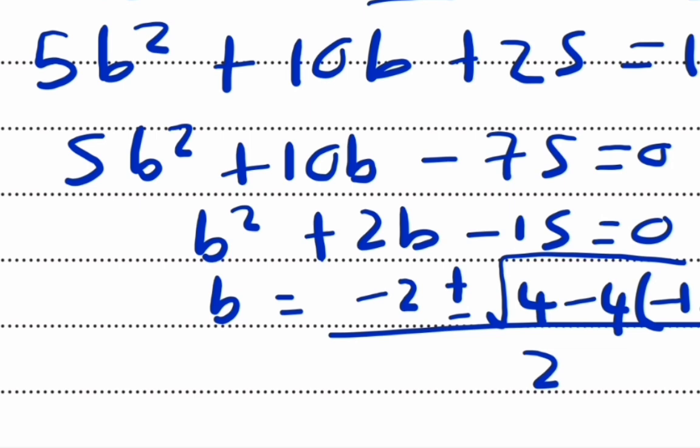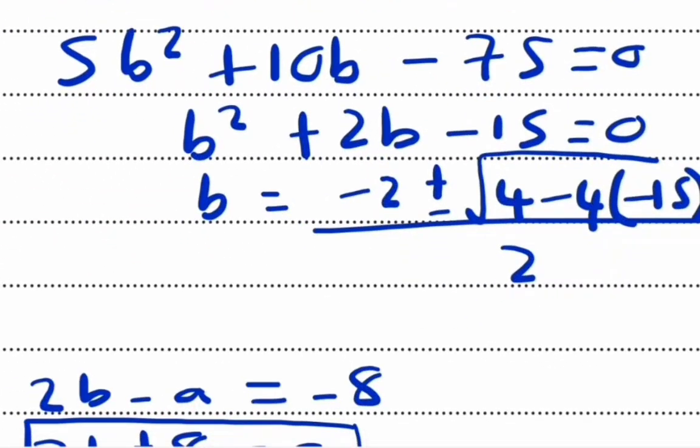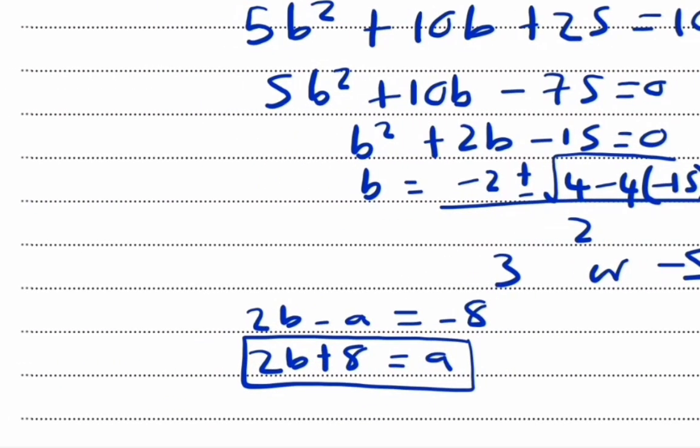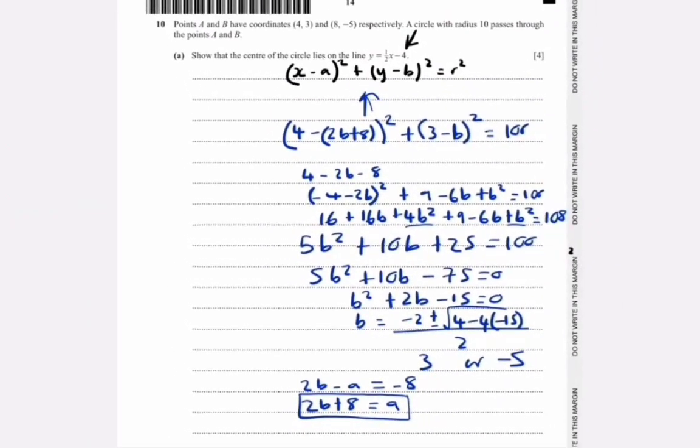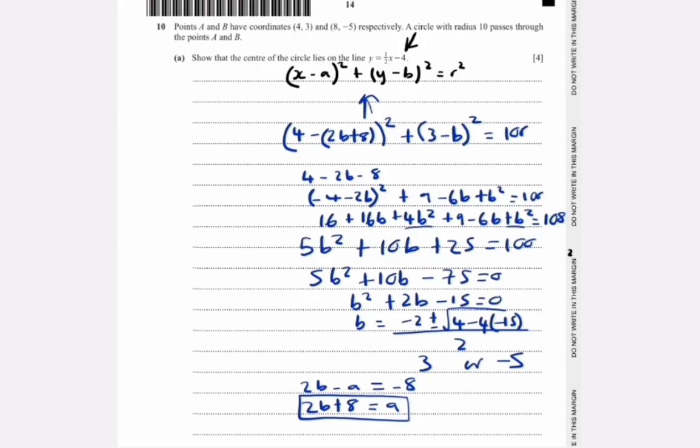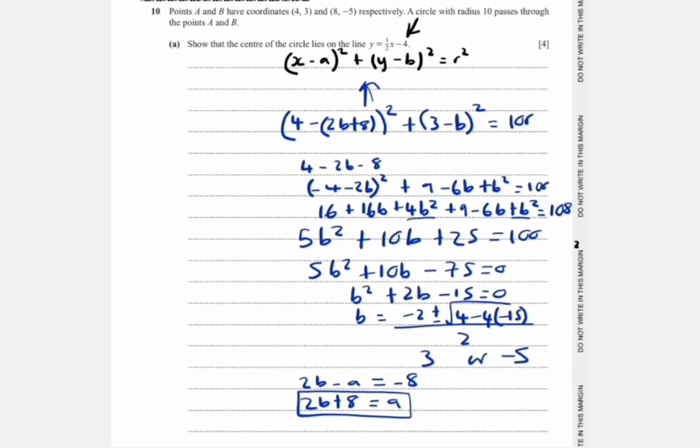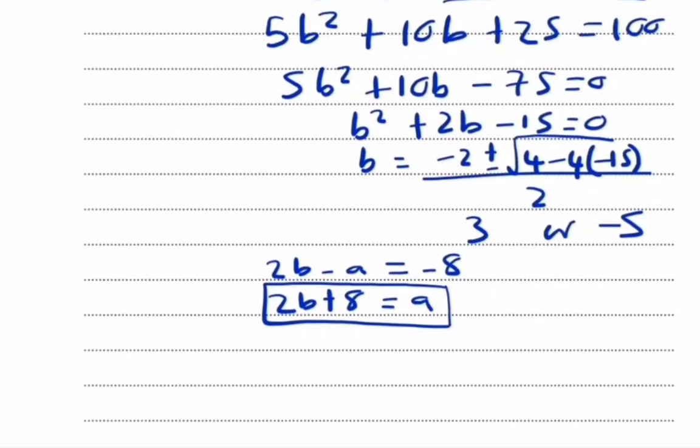And this should give us b equal to minus 2 plus or minus the square root of 4 minus 4 times minus 15, over 2, and our b is equal to 3, or let me see if we can get another sensible value, or minus 5, right? And these are the two values of b that we have.